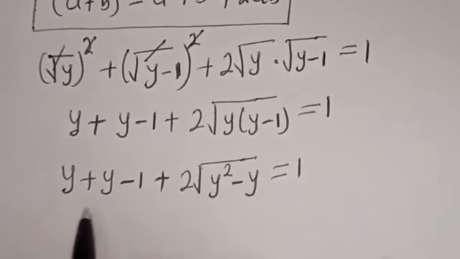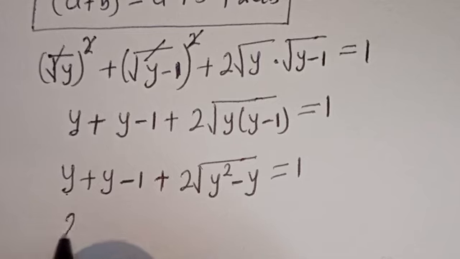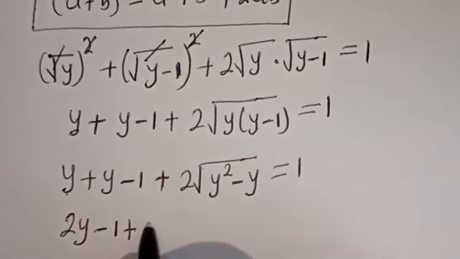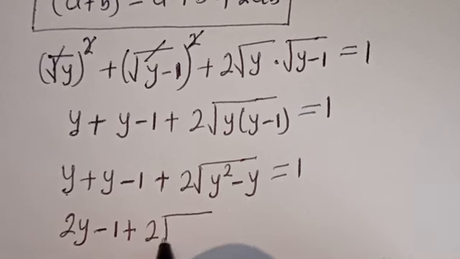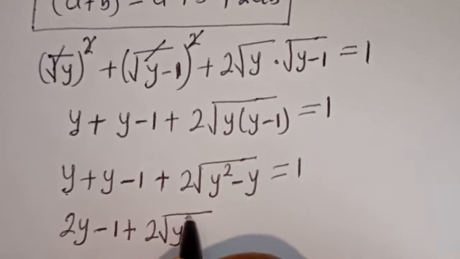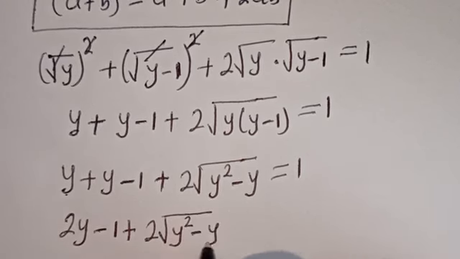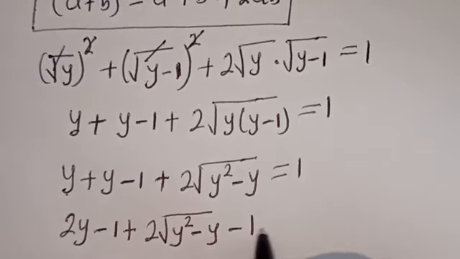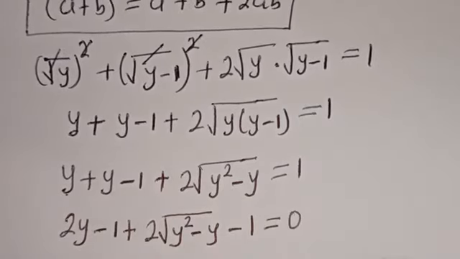Now let's equate everything to 0. y plus y, this is 2y minus 1 plus 2 square root of y squared minus y minus 1 equal to 0.